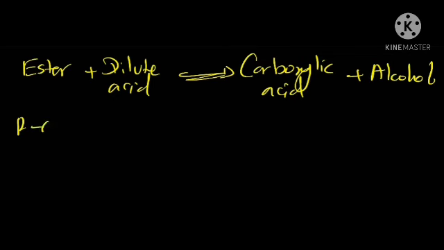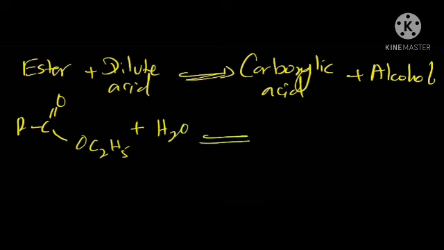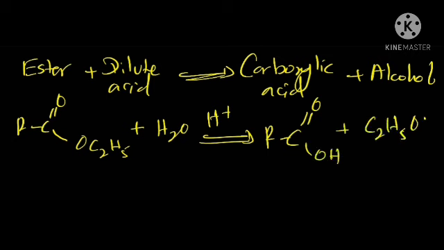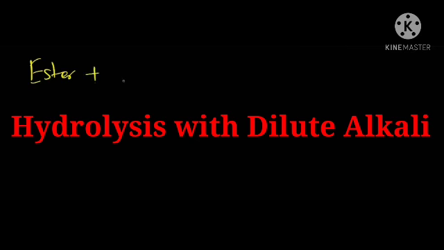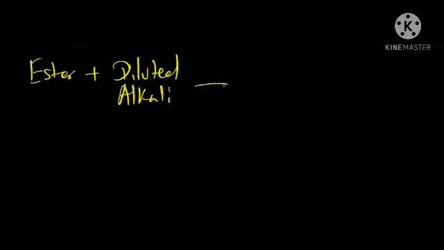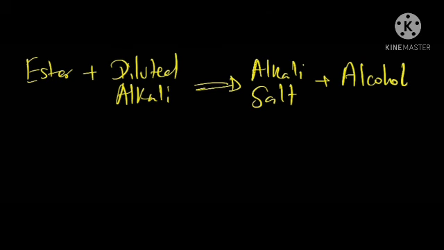For example, here we have RC double bond O OC2H5 plus H2O with H plus, so that is for dilute acid. So the products are RCOOH, that is carboxylic acid, plus C2H5OH, that is alcohol. Whereas in hydrolysis of esters with dilute alkali, the products are its alkali salt and alcohol. Unlike in the hydrolysis of esters with dilute acids, we don't get the split of carboxylic acid and alcohol.